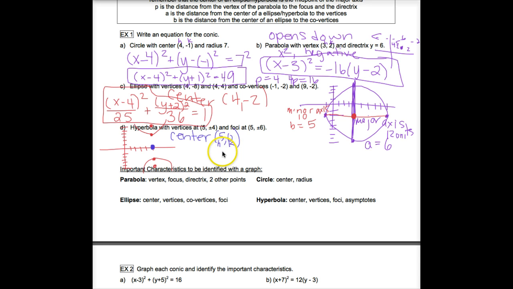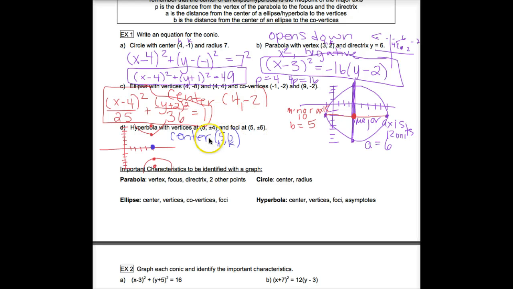So now I need to figure out what my a and my b are. When you have the hyperbola, you know that the vertices are a away from the center.